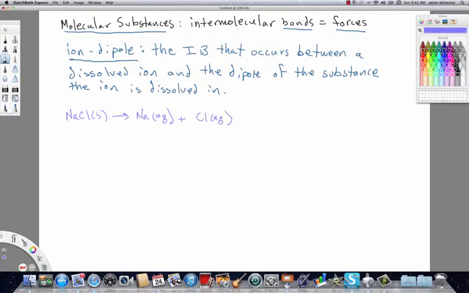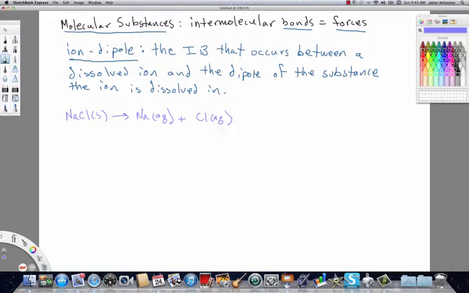Now, some terms, to just make sure we're all on the same page. When I use the term ionization equation, what that means is the chemical reaction that produces ions.